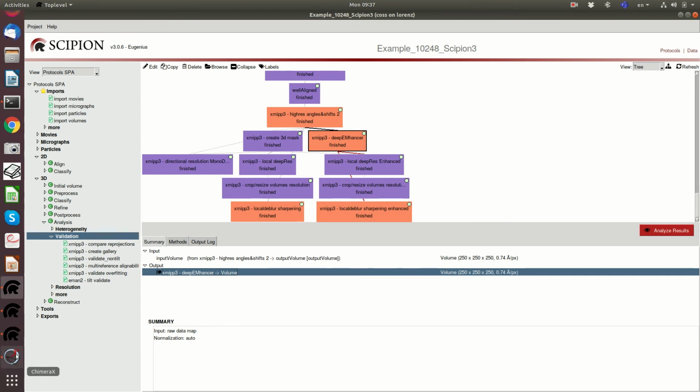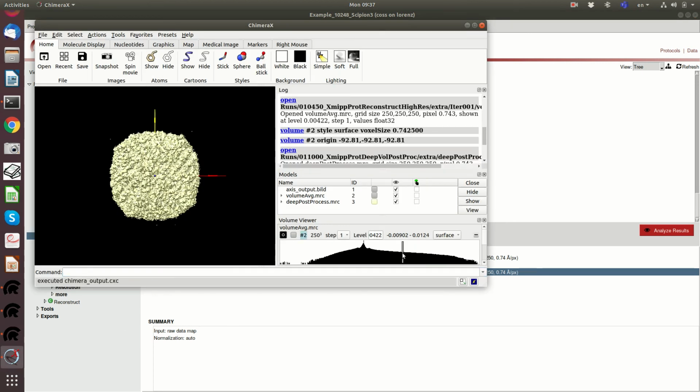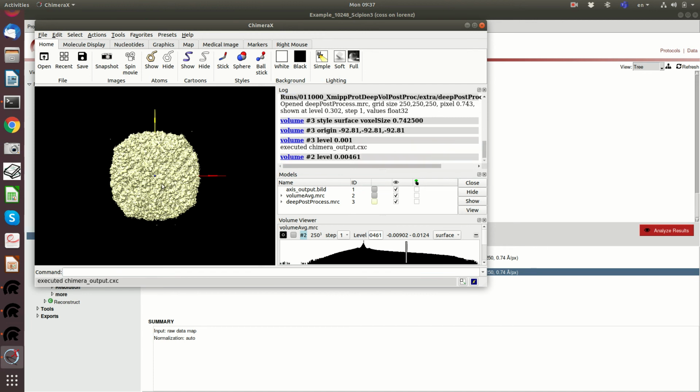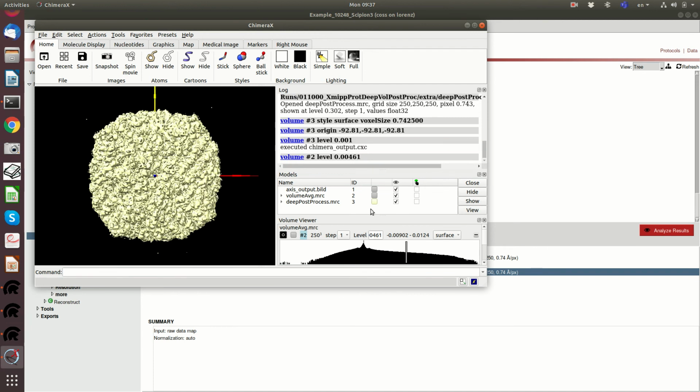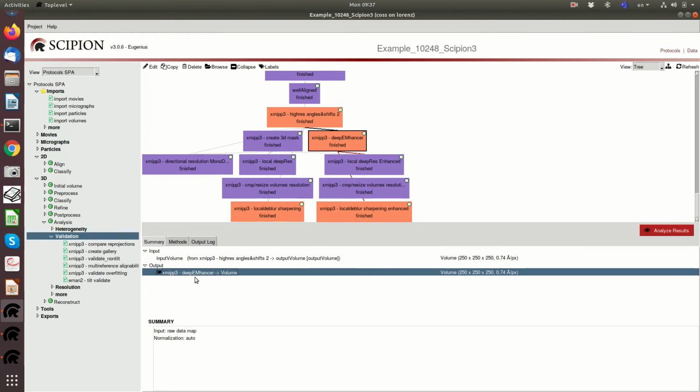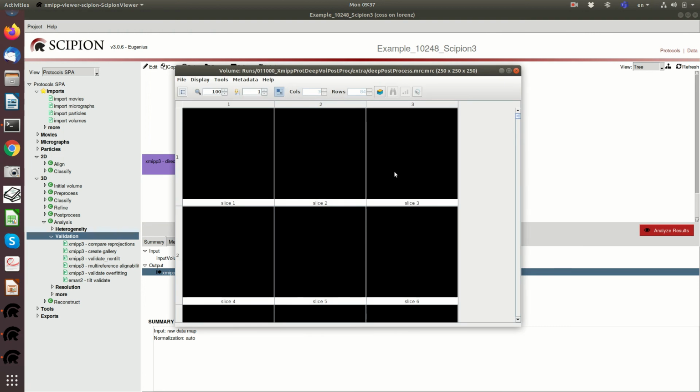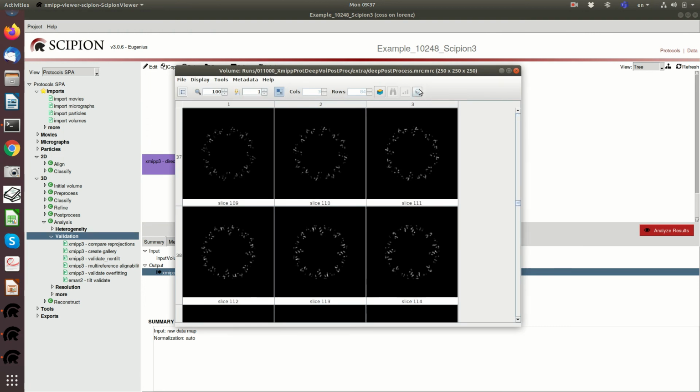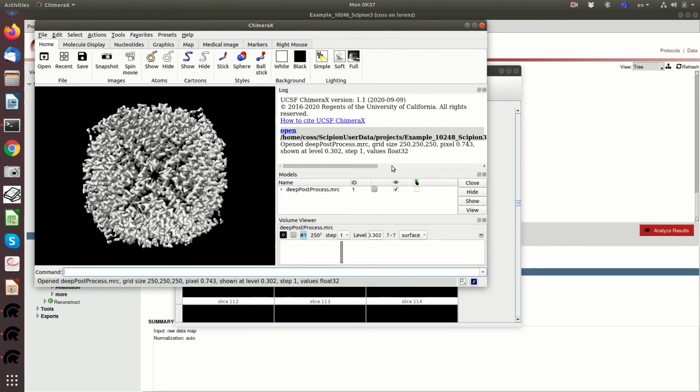And if we look at it in Chimera, I don't like this one. I don't know what that one is showing. This one is better.